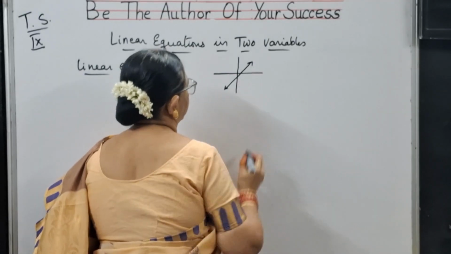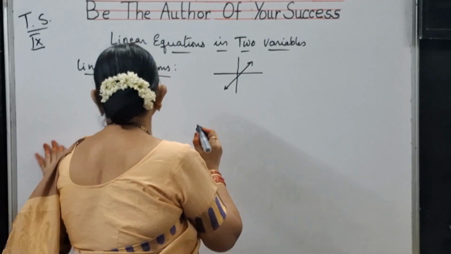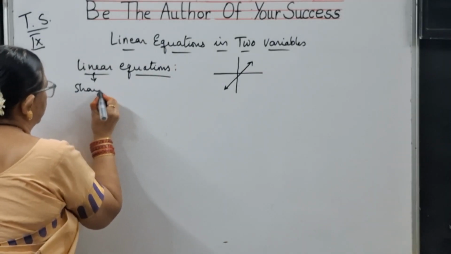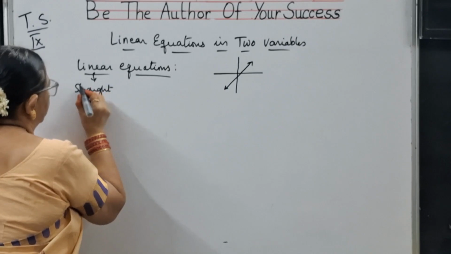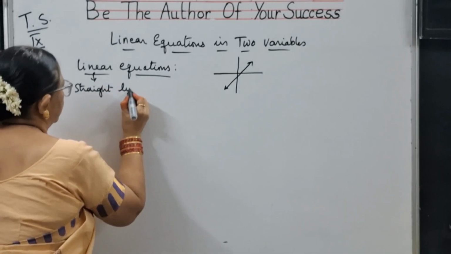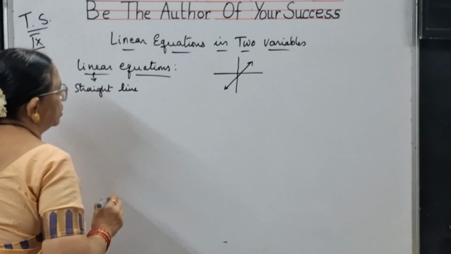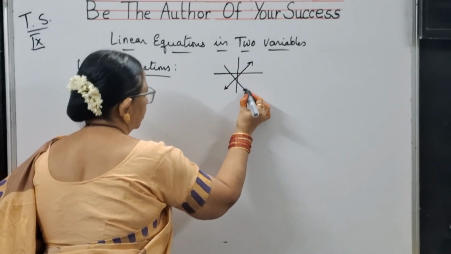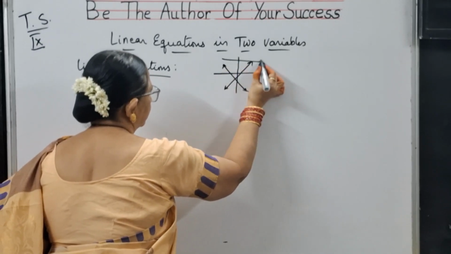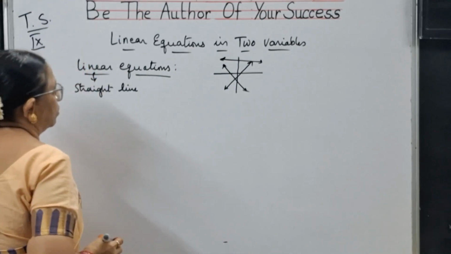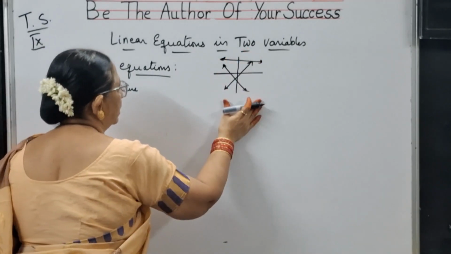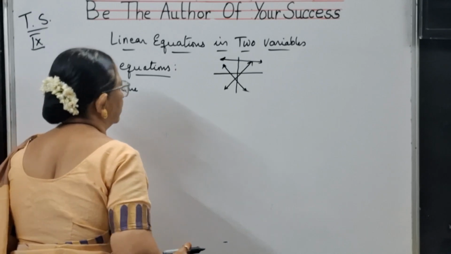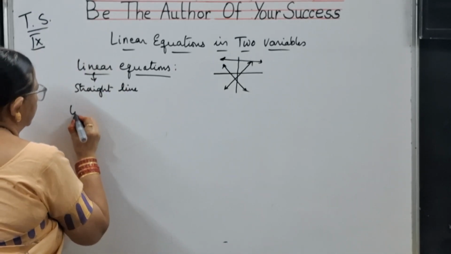This linear indicates a straight line. All those equations which give straight lines, either this way or this way or in this way, anyway a straight line when you are getting in the graph, we call them as linear equations.